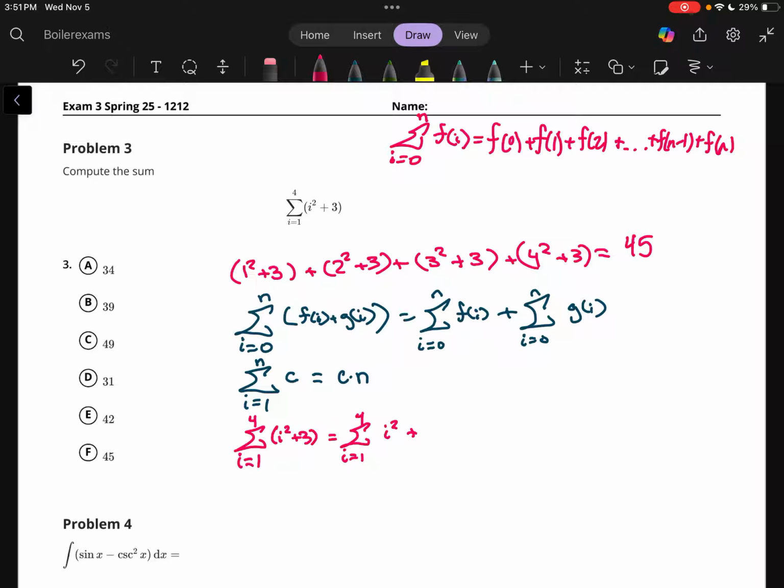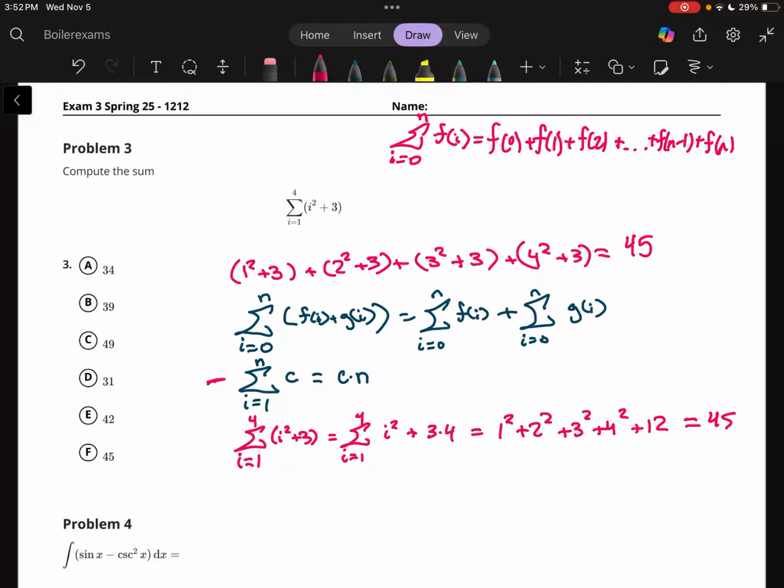Well, by this second property, we know that's equal to 3 times 4. And in my opinion, this is a little easier to solve because I have 1 squared plus 2 squared plus 3 squared plus 4 squared plus 12. I think it's about the same, but a little easier. And we got the same answer of 45.